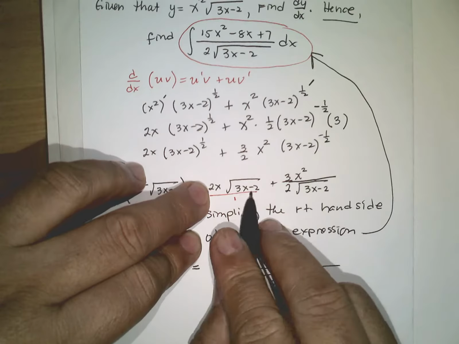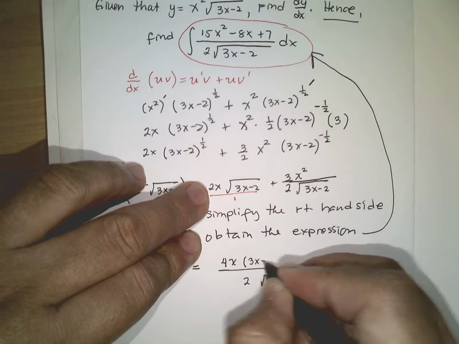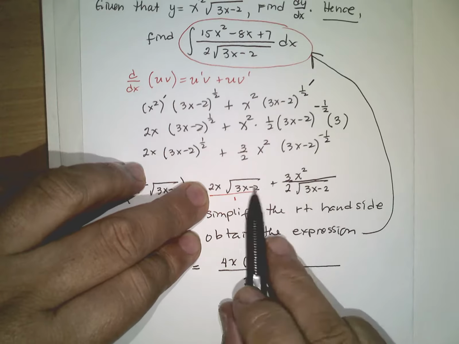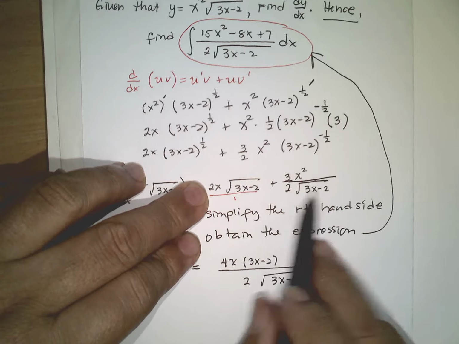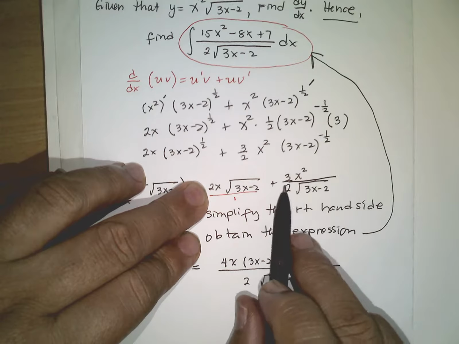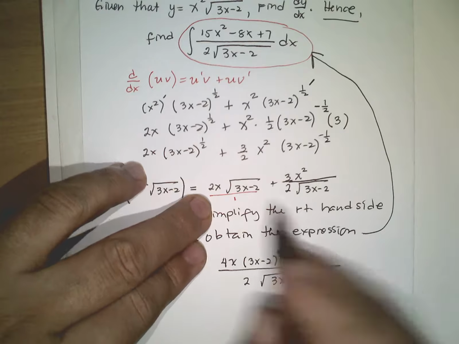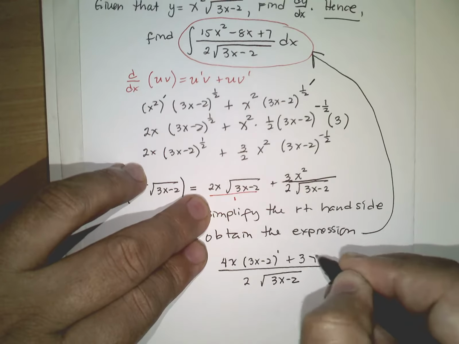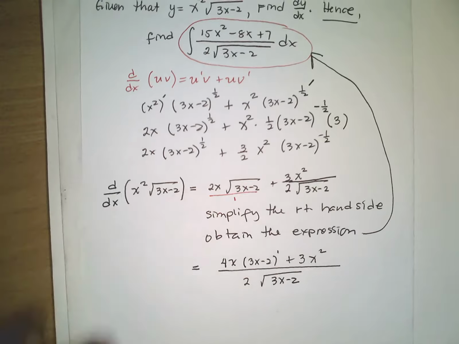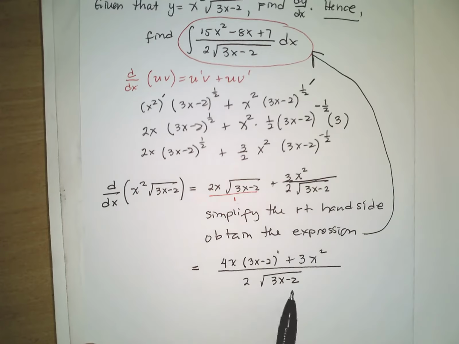Then (3x − 2)^(1/2) times (3x − 2)^(1/2) is (3x − 2) to the half plus half, which is raised to 1, so 3x − 2. And then 1 times this, 1 times that. We need to multiply that one there. Okay? So this 1 times this, which we got here.